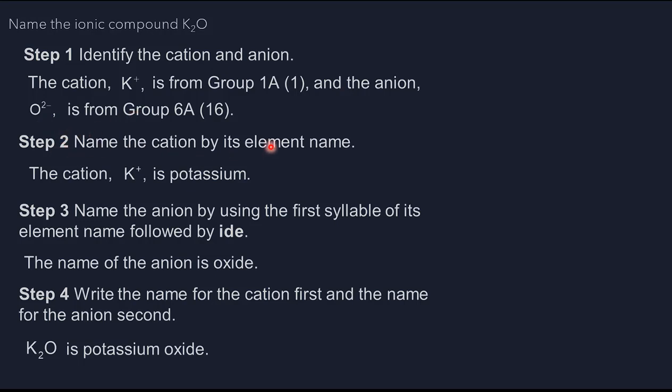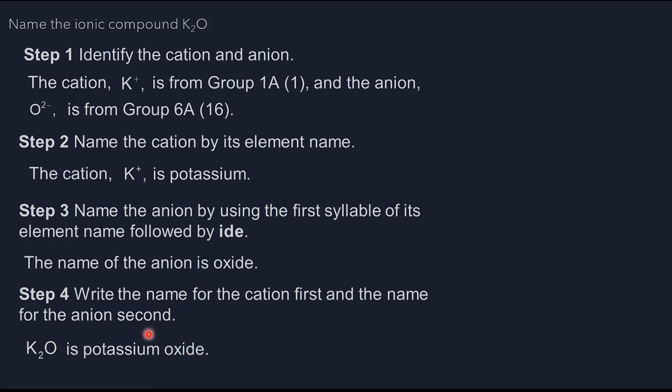Step 2, name the cation by its element name. So since the cation is K+, we just name it potassium. Step 3, name the anion using the first syllable of its element name followed by "ide." The name of this anion is then oxide. Step 4, write the name of the cation first and the name of the anion second. So it will be potassium oxide.